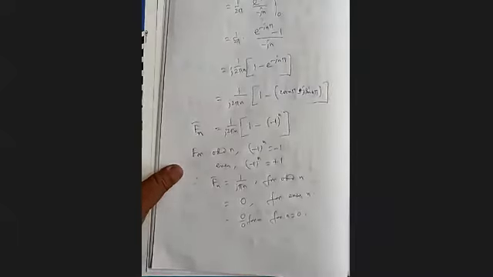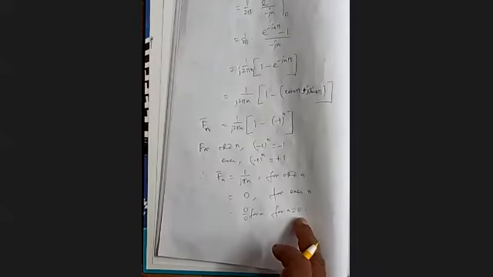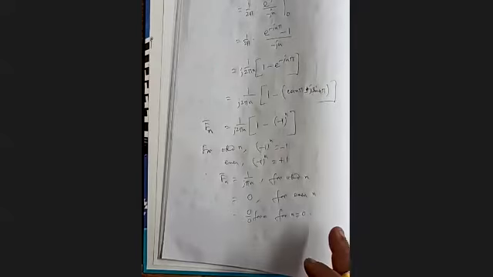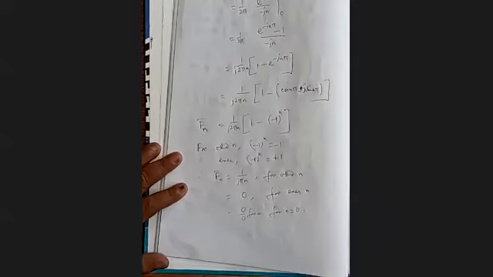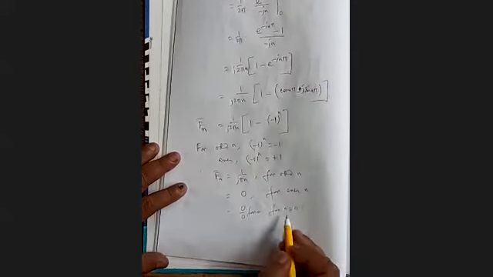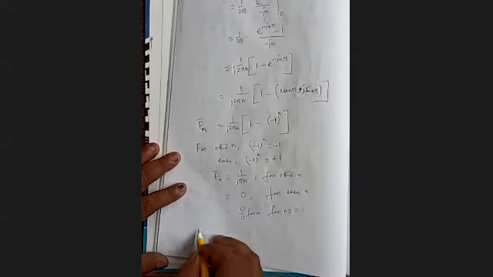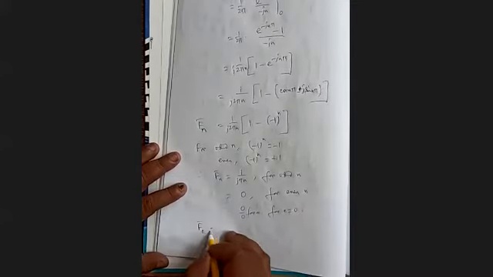So when we get a 0 by 0 form, we should always start evaluating Fn bar for that particular value of n from the beginning, just by substituting the value of n directly. Since we don't find the value for n equal to 0, better start evaluating with F0 directly.